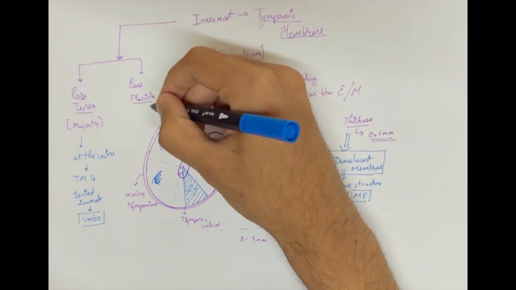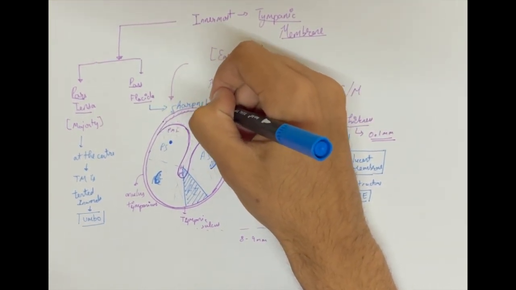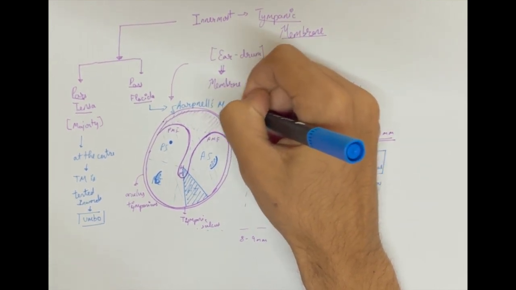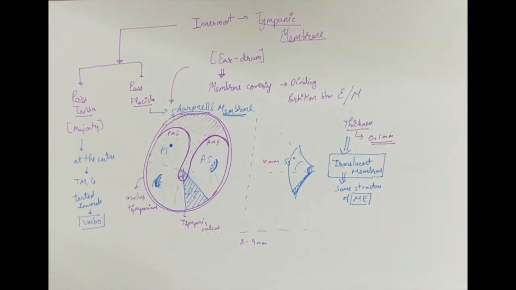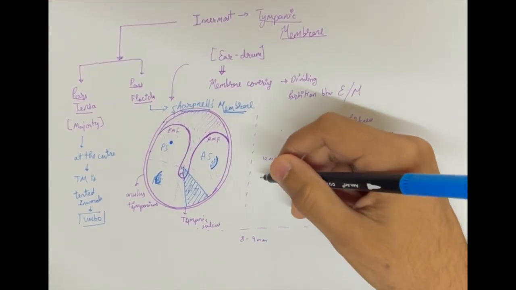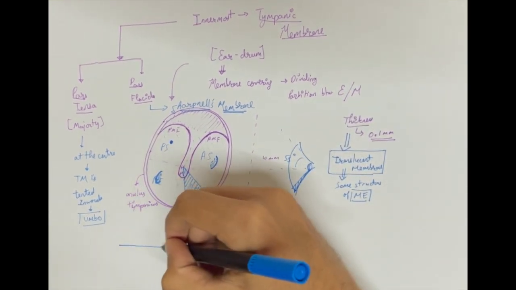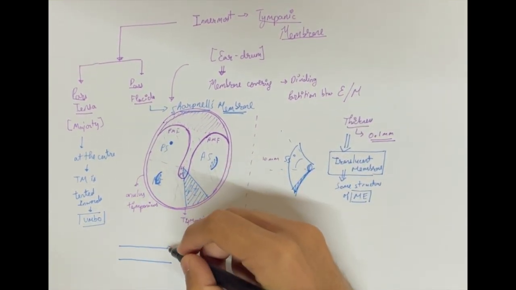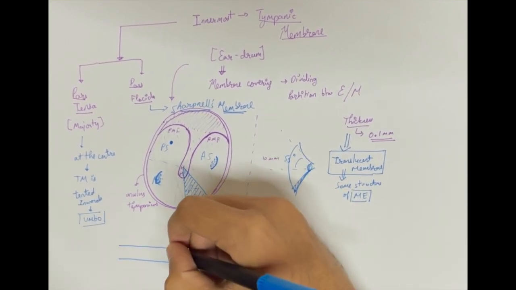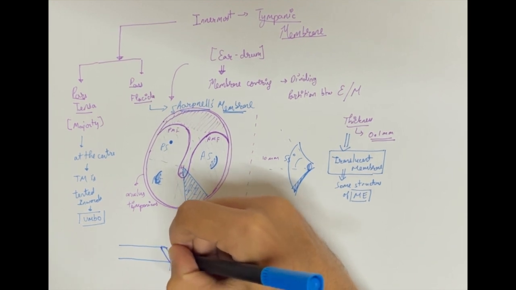Pars flaccida is also called Shrapnell's membrane. Also, the tympanic membrane is slightly tilted at its lower aspect. So suppose this is the external auditory canal and this is the middle ear. The tympanic membrane is somewhat tilted laterally.